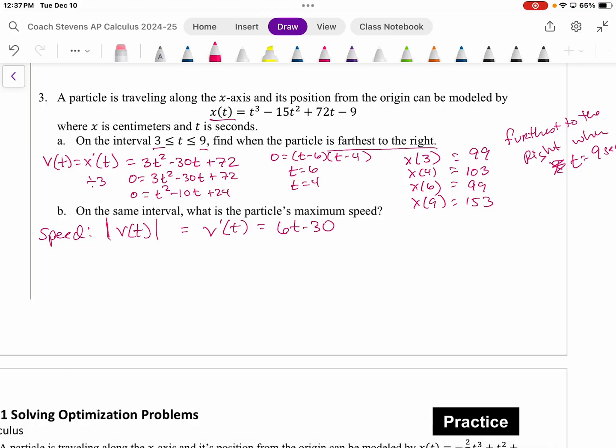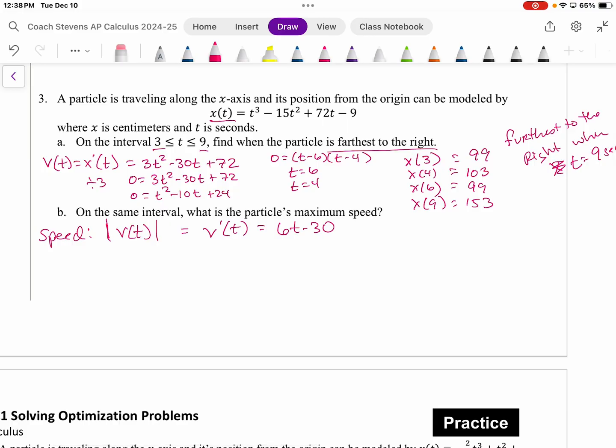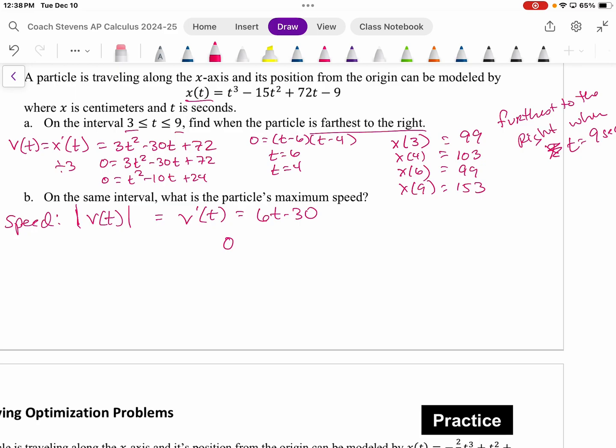When I find v prime and set it equal to 0, what does that time represent? 6t minus 30 equals 0, so 30 equals 6t, so t is equal to 5 seconds.